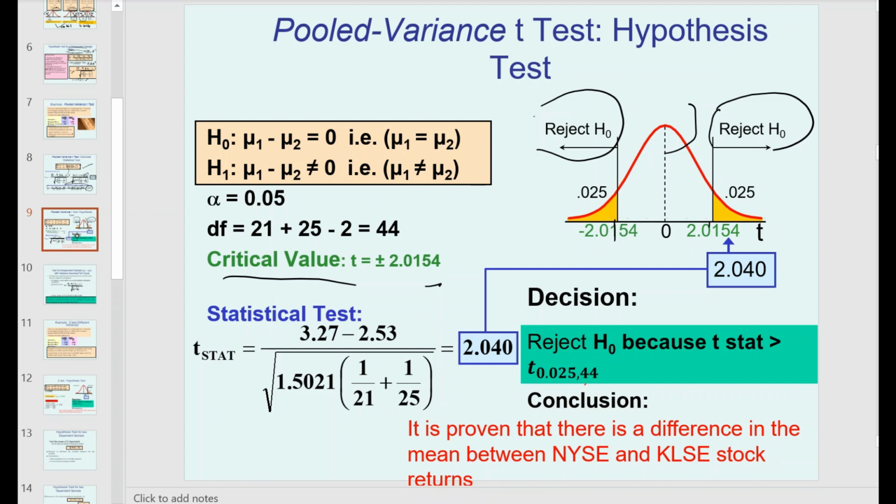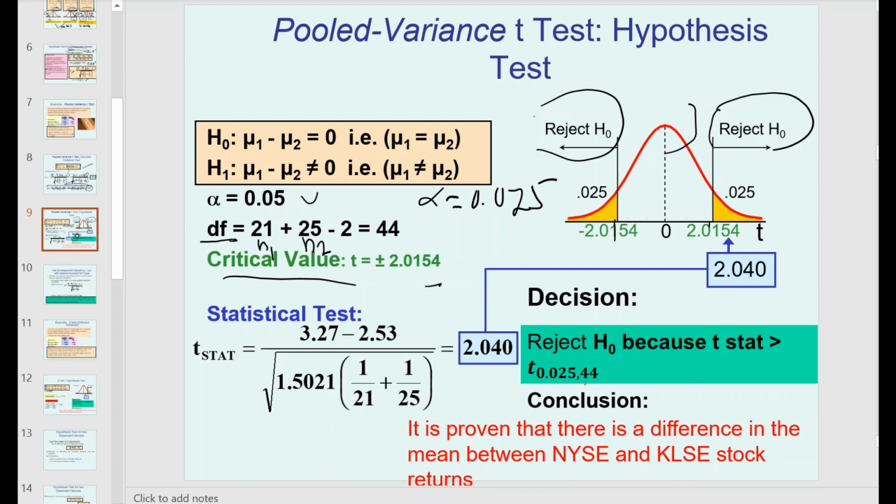So you need your alpha, but because you have two tails here, you divide your 0.05 by 2, so each tail gets 0.025. So when you refer to the t table, you take alpha equals 0.025. You also need to remember that because this involves two samples, your degree of freedom will be N1 plus N2 minus 2.